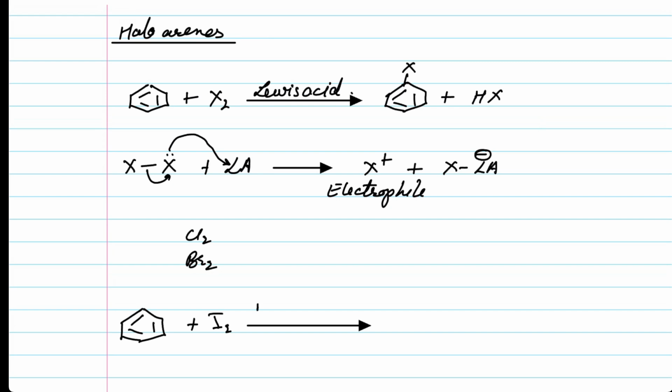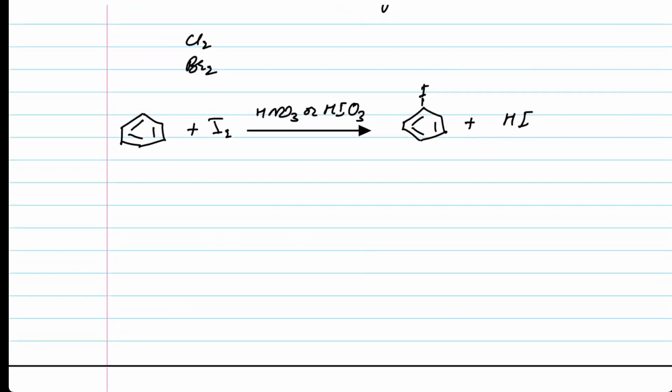This HI can be consumed by treating with HNO3 or HIO3. These two being oxidizing agents are able to consume the HI, and so the reaction keeps on moving in the forward direction. So here we are going to get iodobenzene along with HI. So that could be the method of preparation of haloarenes directly from benzene.